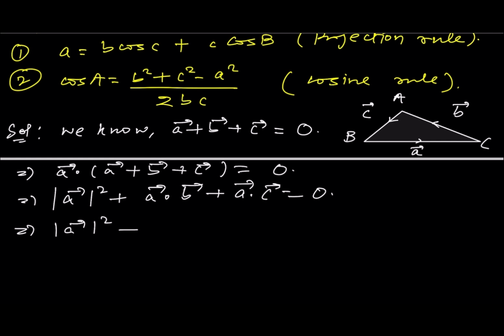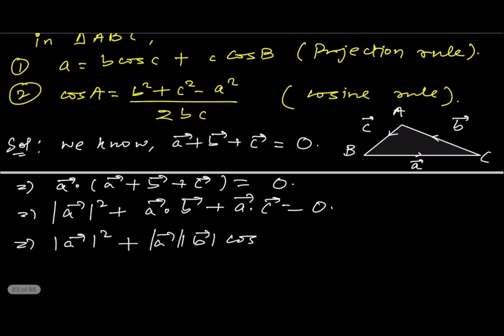Or this mod of a square plus ab cos of the angle between a and b, which is pi minus C. I have discussed this in the very first lecture, that when we see the angle between two vectors, then the rays must be diverging.